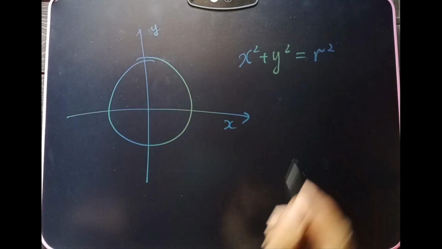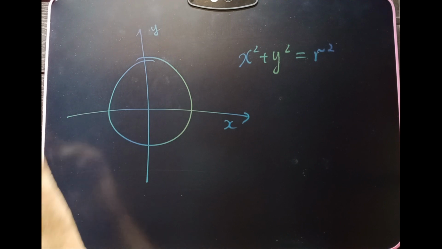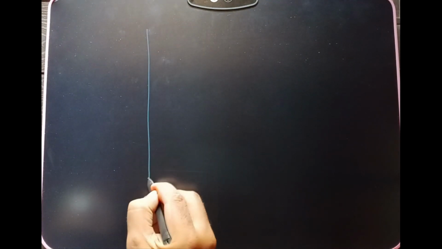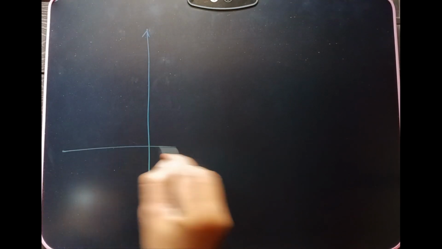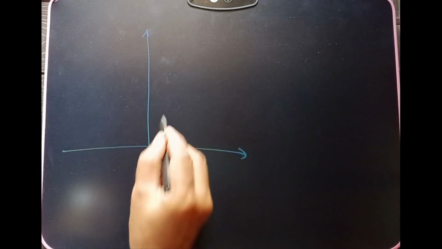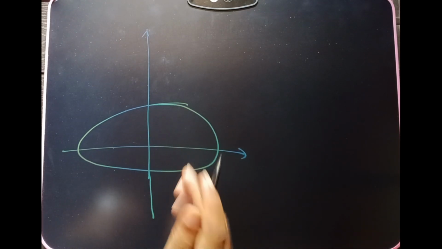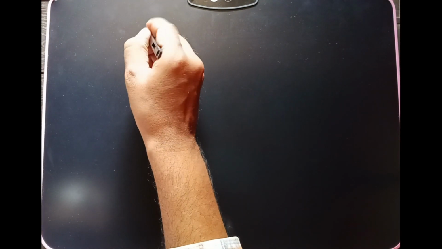Okay. Now ellipse, this is the other shape. Ellipse shape is something like this. Not a perfect diagram. Let me wipe it out.